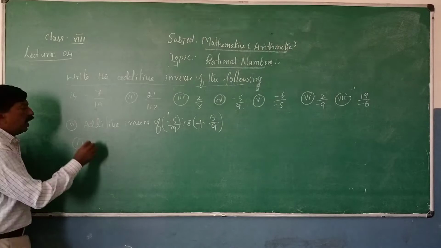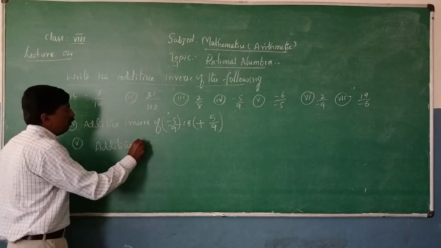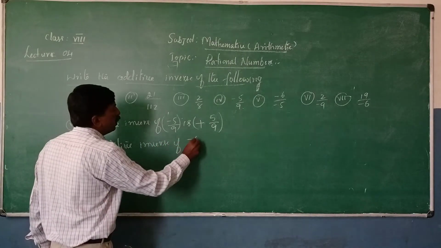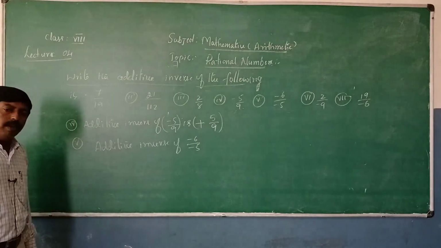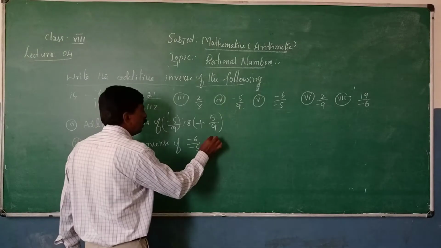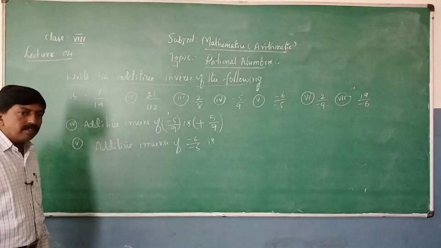Now the fifth one, the additive inverse of minus 6 by minus 5. Here also minus, here also minus.